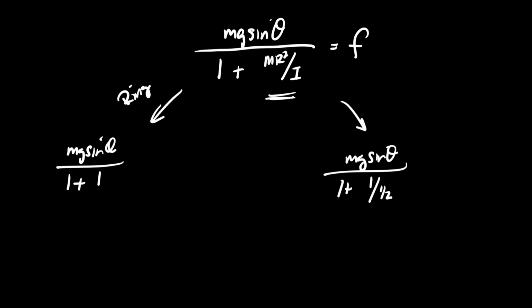Which, by the way, is 2, right? 1 divided by 1/2 is 2. So I can just cut that out and put the 2 there. We all good? So, yeah, looks like the ring is going to have more friction than the disk. Right? Proved it.